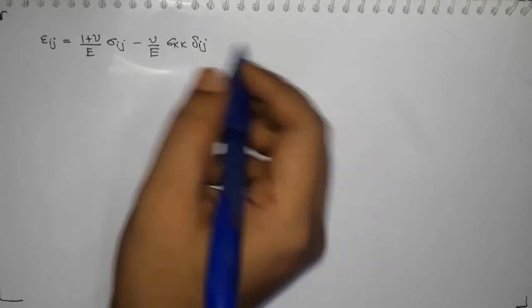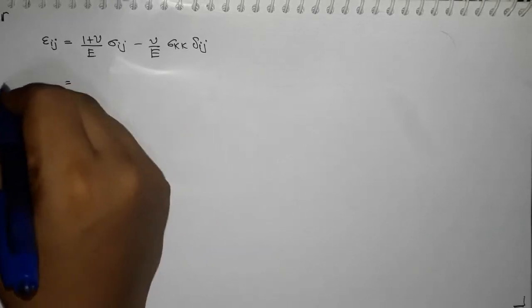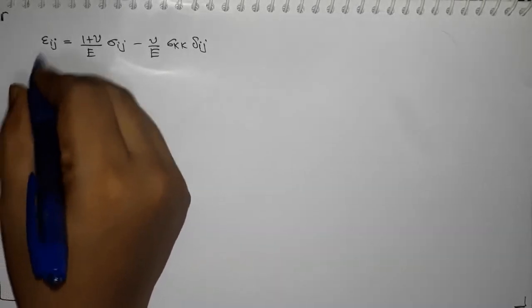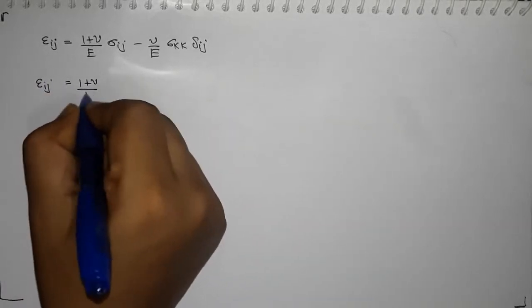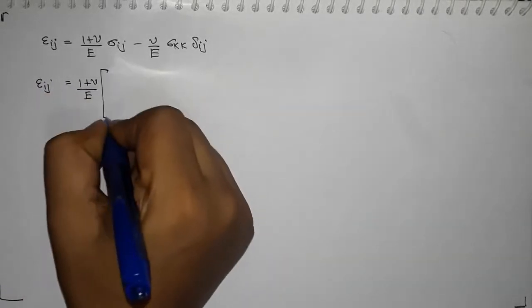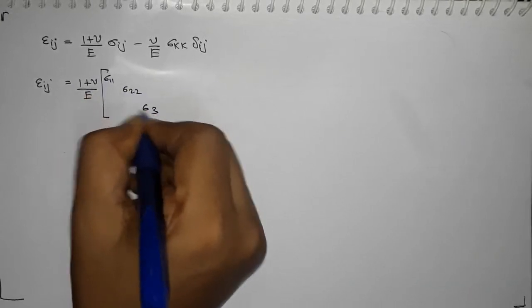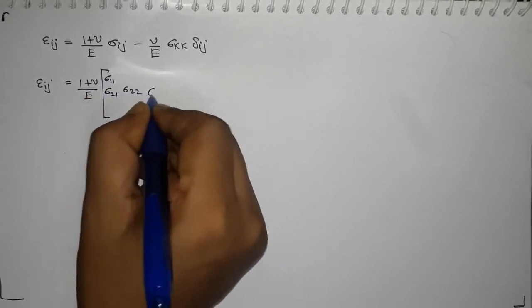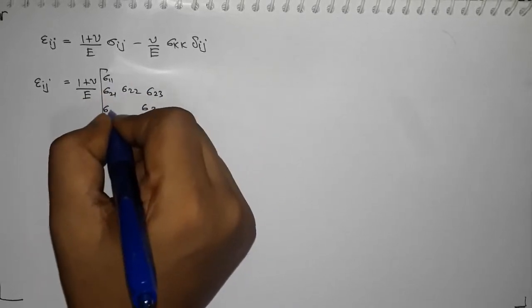And I can write it out so that it becomes simple. I will not expand this side, but this can be written like this: sigma 1 1, sigma 2 2, sigma 3 3, sigma 2 1, sigma 2 3, and just write all the components.